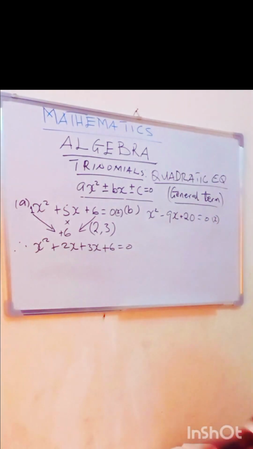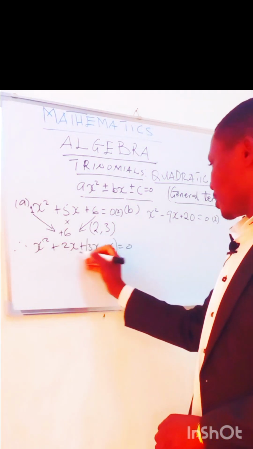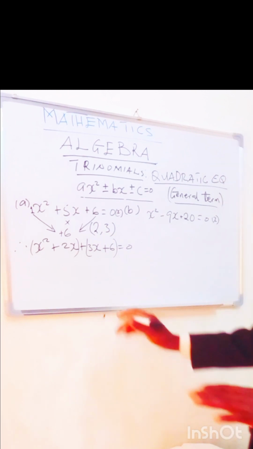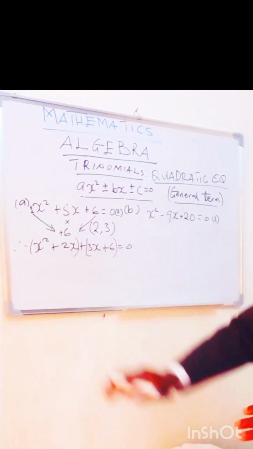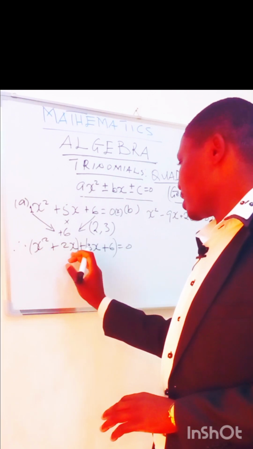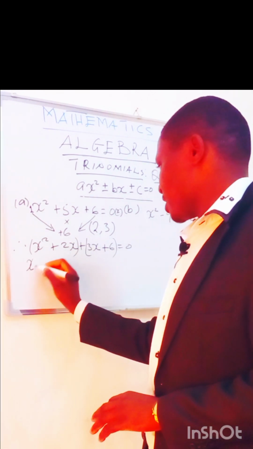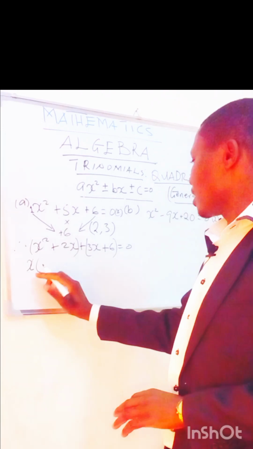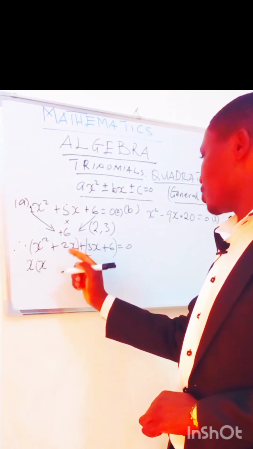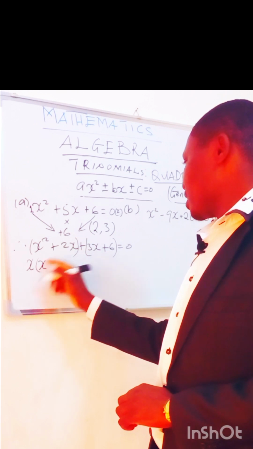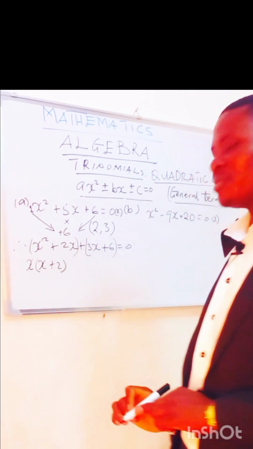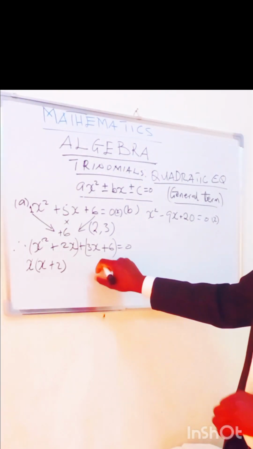Then we separate them with brackets in order to find the factors from those two brackets. Between x squared and 2x, x is the common factor. We open the bracket, x into x squared, the answer is x, and x into 2x, x and x cancel, so it's plus 2. We close that bracket.